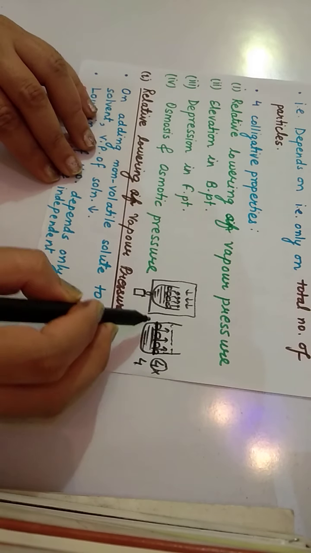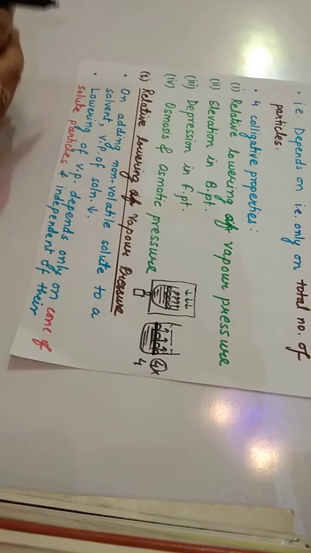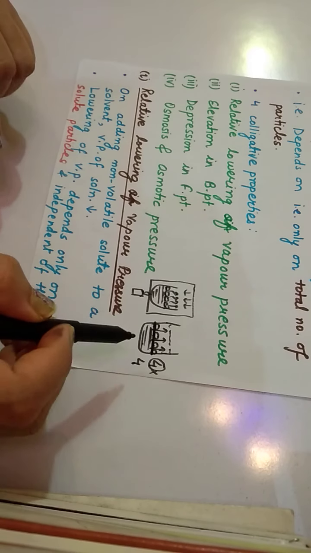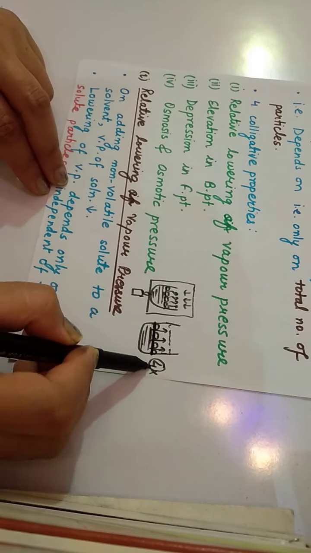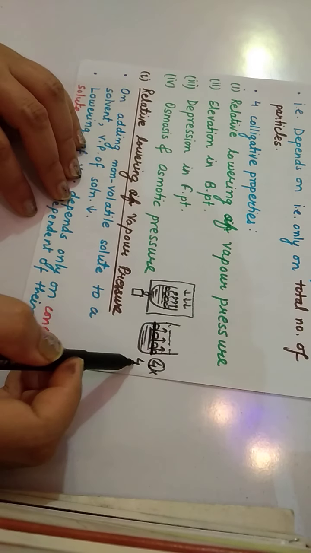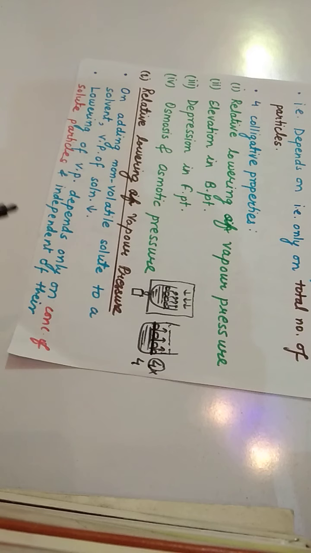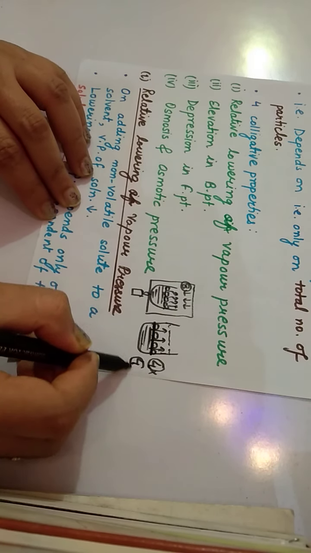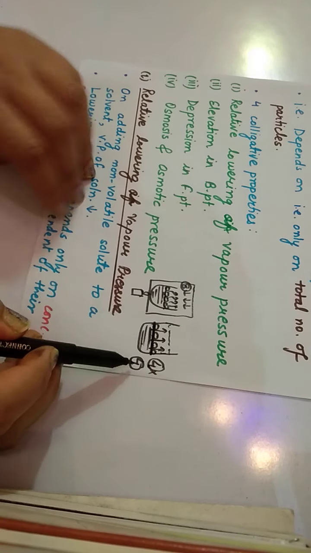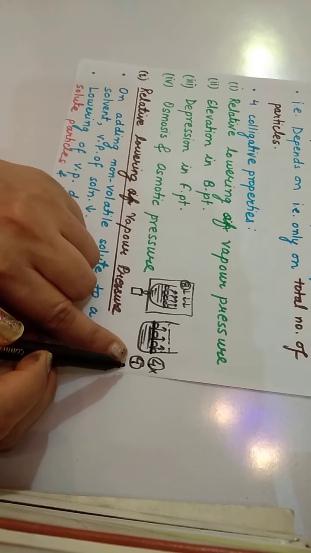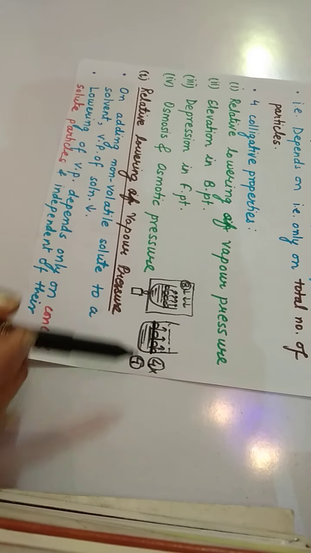So the vapors are formed with the help of 4 molecules of the solvent only. Vapor जो form होंगे वो सिर्फ 4 molecules से ही form होंगे solvent के, ना कि 4 non-volatile solute के. So non-volatile solute is not going to form any vapor, but the particles of solvent only will form vapor. So here 8 particles were forming vapor, here only 4 are forming vapor. More vapor formed, more is the vapor pressure. Less vapor formed, less is the vapor pressure.